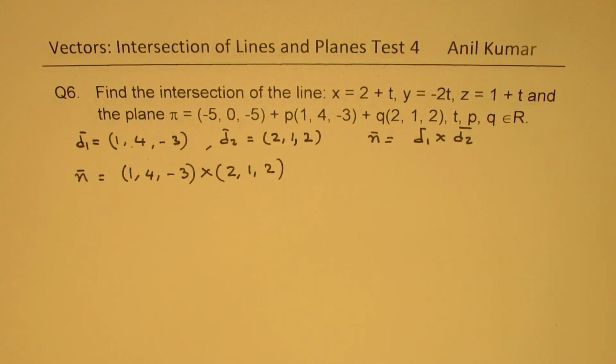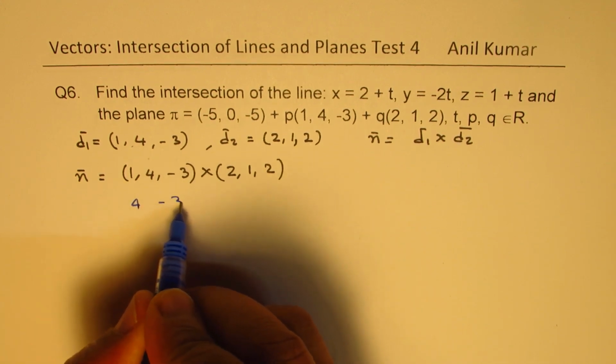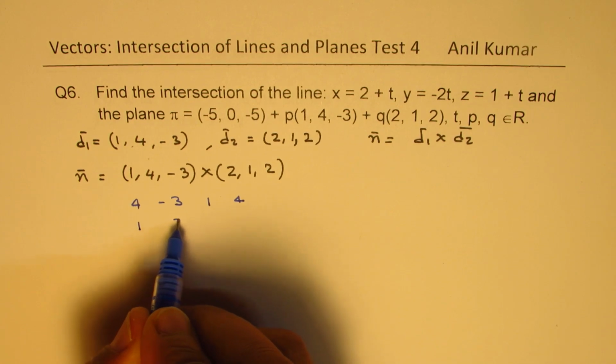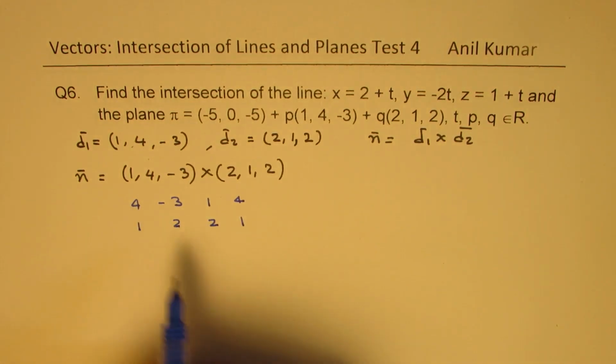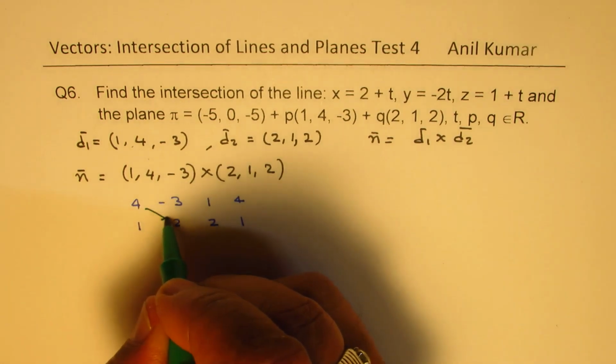We'll use this technique. We have 4, minus 3, 1, 4, and then we'll write 1, 2, 2, and 1. So these quantities will be positive, right? And the quantities in the reverse direction will be negative, right?